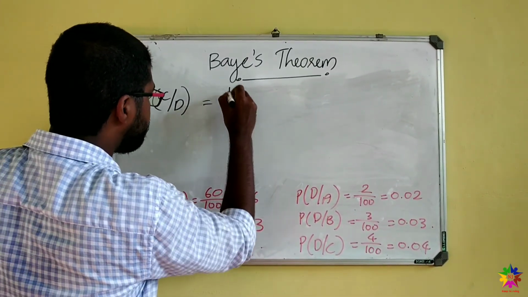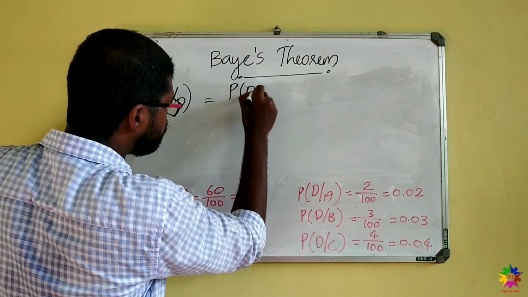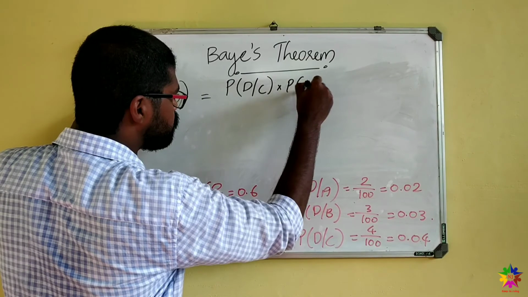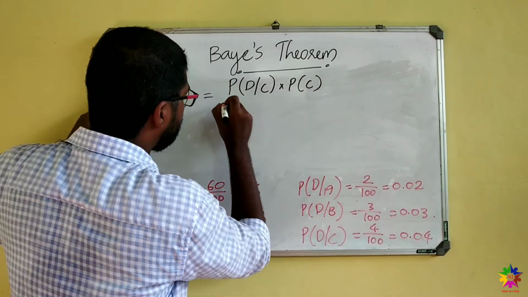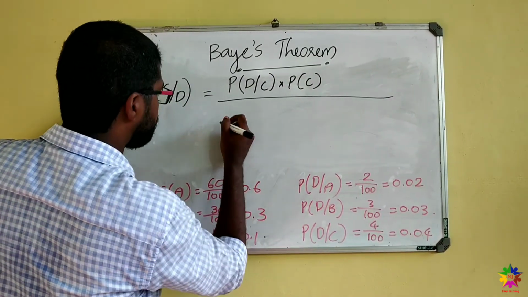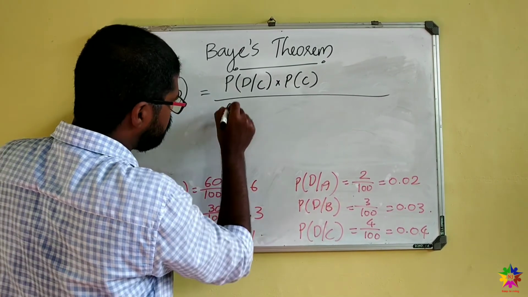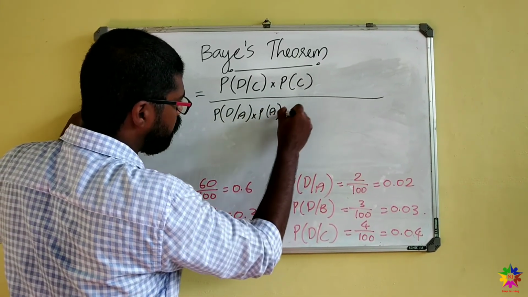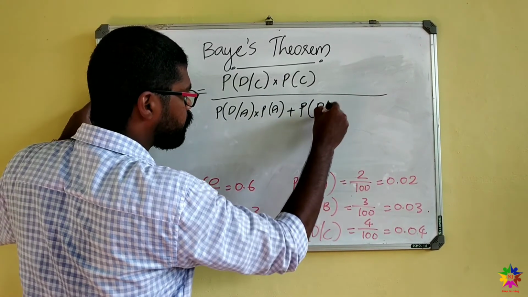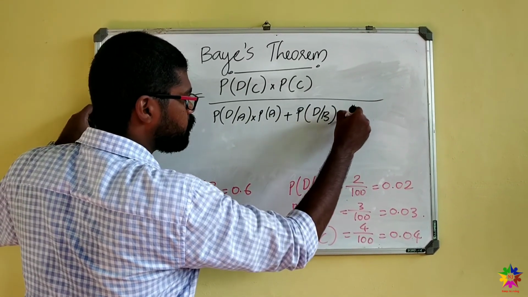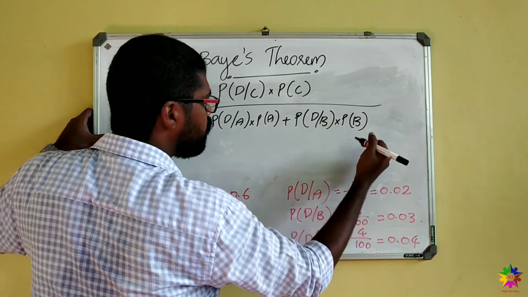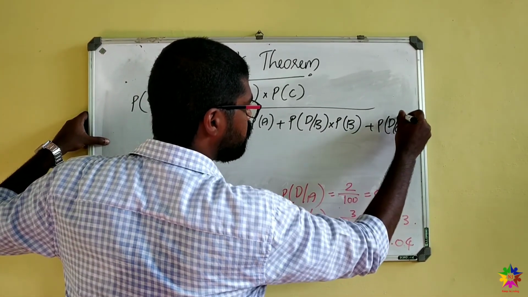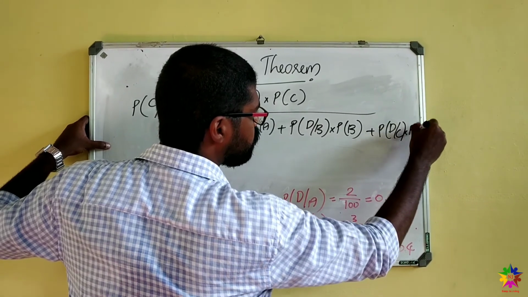It is probability of defective product given machine C into probability of choosing machine C, all divided by probability of defective product given machine A into probability of A, plus probability of defective product given machine B into probability of B, plus probability of defective product given machine C into probability of C.